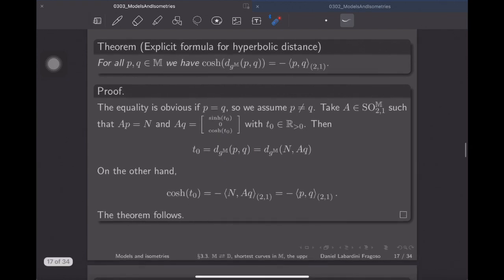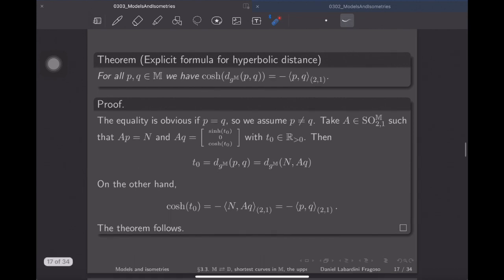On the other hand, look at the hyperbolic cosine of T naught. Notice, if you pair n with this point, recall that n is (0, 0, 1), you really obtain only minus hyperbolic cosine of T naught. So hyperbolic cosine of T naught is minus the pairing.